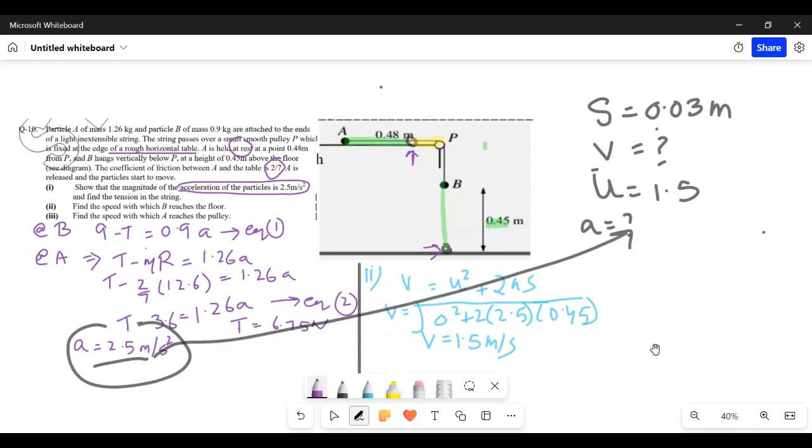Now why is this A going to be different than the A of the first part of the journey? That is because in the first part of the journey, the string was completely stretched. But now, as B hits the ground, because of the impact, the string is going to slack.